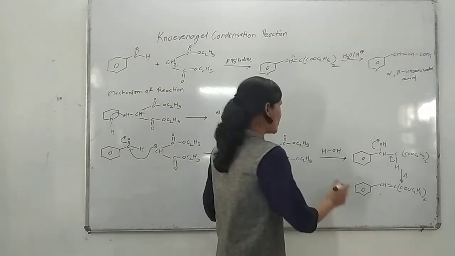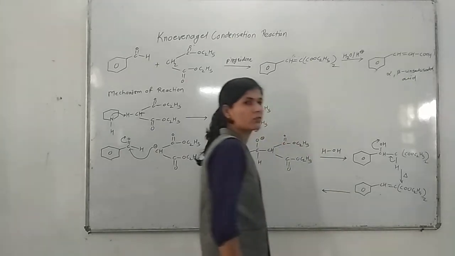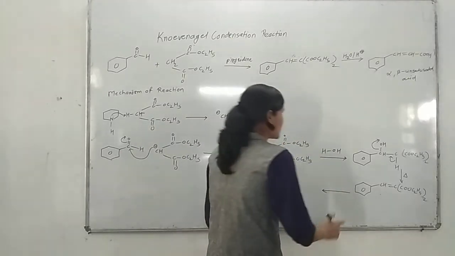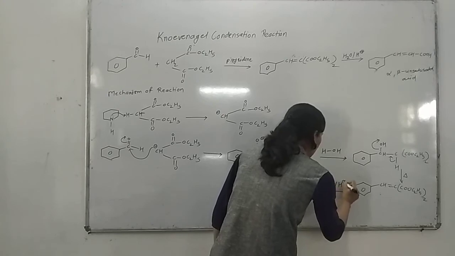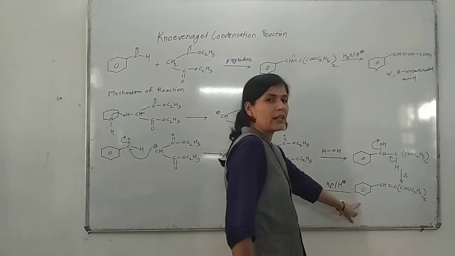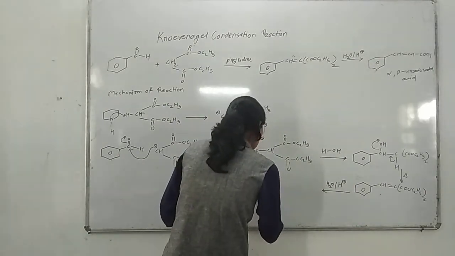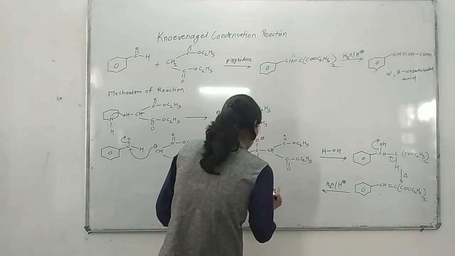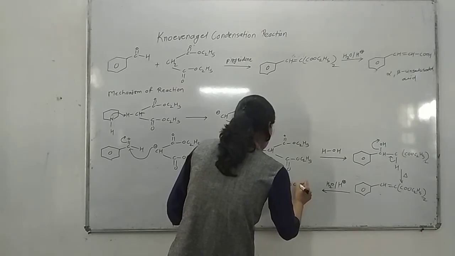This alpha beta unsaturated compound undergoes acid hydrolysis. When this alpha beta unsaturated compound undergoes acid hydrolysis, it gives alpha beta unsaturated acid.